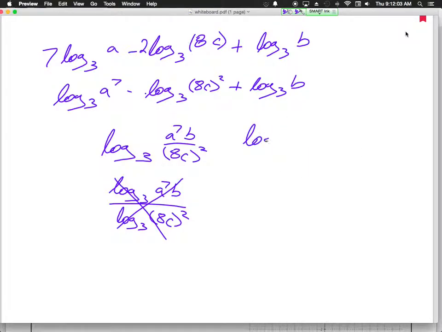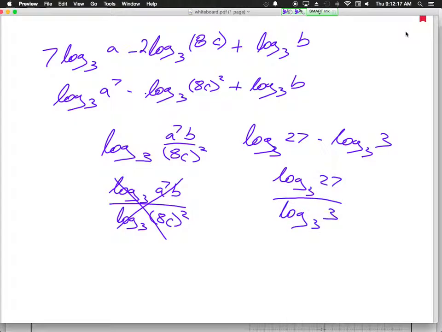Let's say I want log base 3 of 27 minus log base 3 of 3. What people tend to do is log base 3 of 27 over log base 3 of 3. That's what people like to do too. Where it should be log base 3 of 27 over 3. This turns into 9, and log base 3 of 9 is 2. That should give me 2.